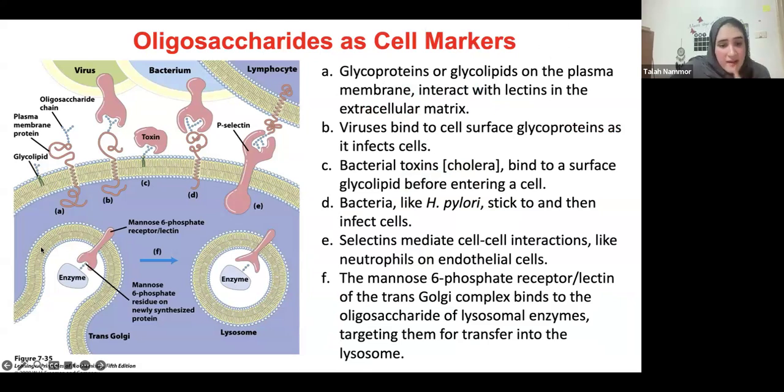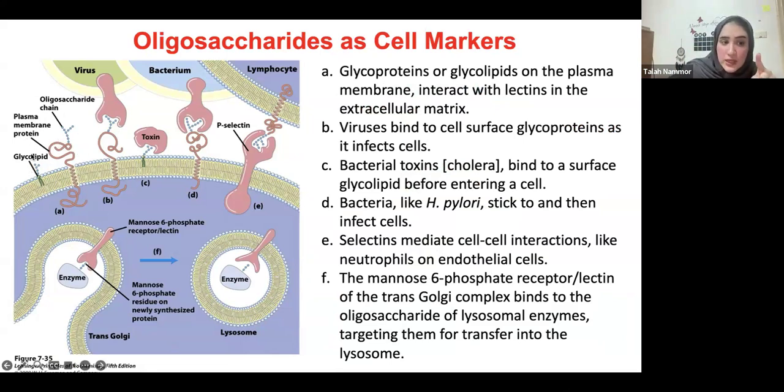So now we have F. It's saying that basically the mannose 6-phosphate has an oligosaccharide, and this oligosaccharide is the thing that will bind to the enzyme. All you have to know is oligosaccharides exist on the surfaces of the cell. They can be directly bound to a plasma membrane protein.